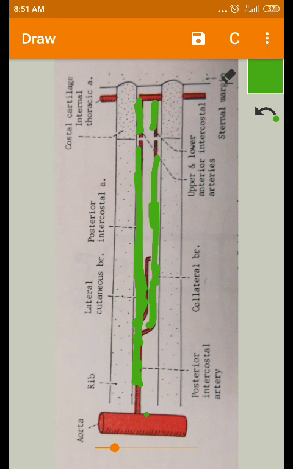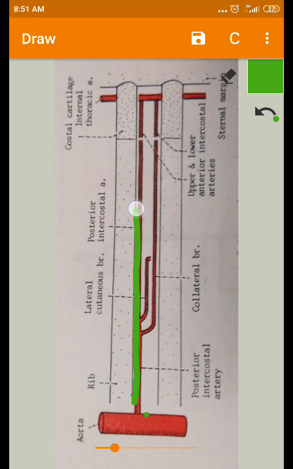The upper anterior intercostal artery is present below the lower border of the upper rib, whereas the lower intercostal artery is present above the upper border of the lower rib. Now here the main branch, so the main trunk of the posterior intercostal artery, this one is the main branch.